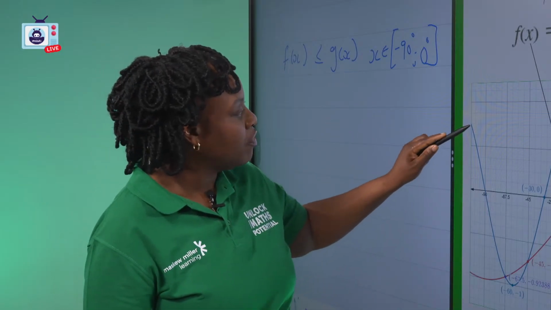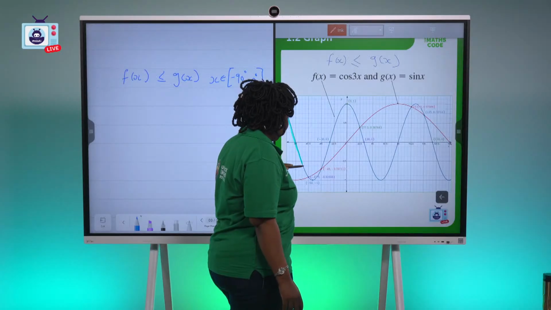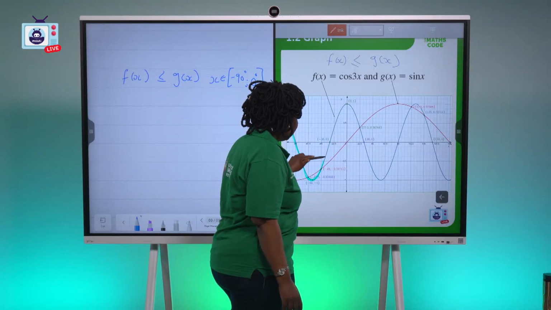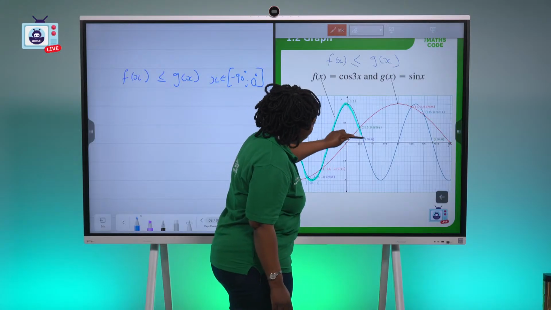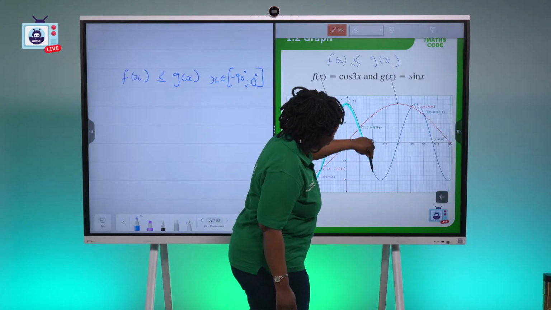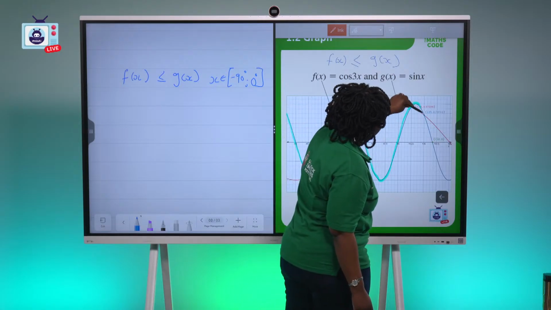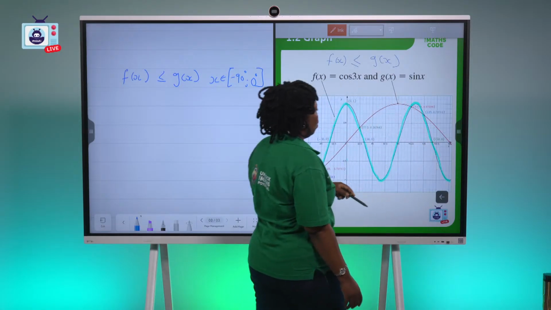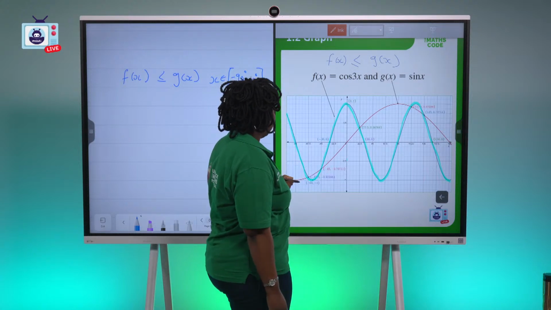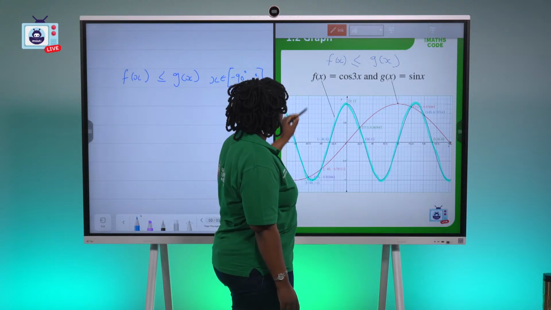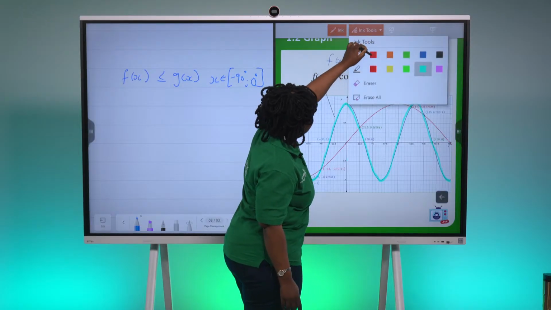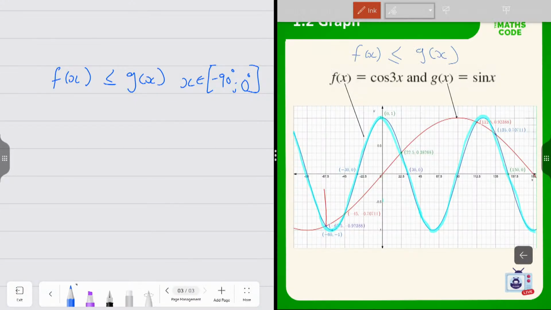So let's see. If I put my hand like this and I go like that and like this, in this manner which I'm going, where do I find the below? There's many belows that I can find between these two. So if you look at it without looking at any interval, you can see that from this point here, where x is negative 67.5, up until the point where x is 45, this is below and equals to, right?